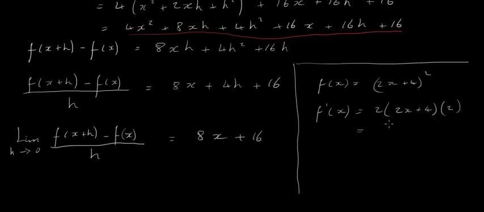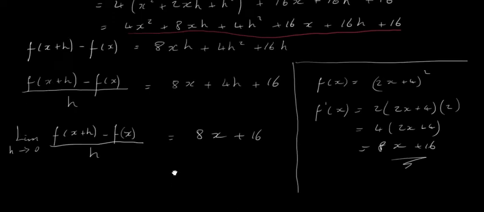So that will give me 4. 4 times 2x plus 4, that will give me 8x plus 16. So it works out. I got the same as what I got here, so that's fine. Okay, perfect. That's differentiation from first principles. Let's move on to the next one.